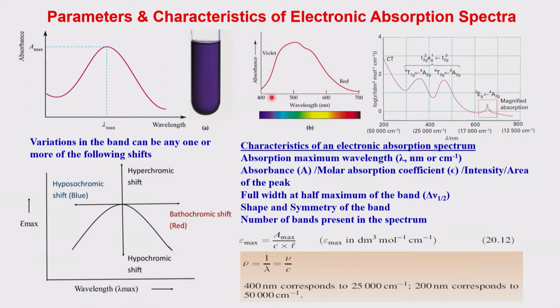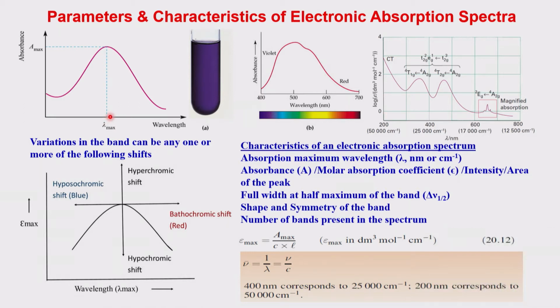What are the characteristics of this, for example? Number one, if you look at this particular band, as you keep moving across the x-axis, you would see that it slowly grows up, has a peak point somewhere, and then comes down. This is what you refer to as the peak maximum or lambda max.